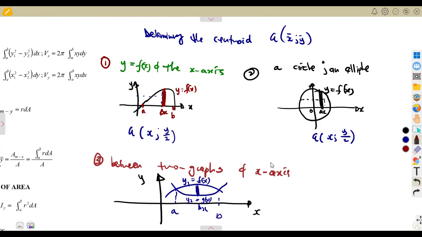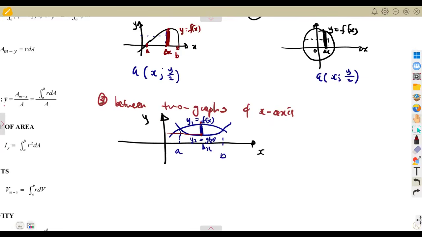On a condition of this nature, when it is of the x-axis, the x is going to be taken as it is, but for the y, you're going to add these two, y1 plus y2, the average of these two functions. That is your centroid. So the centroid of this one is going to be given as x, but for y, you add their two functions this time.